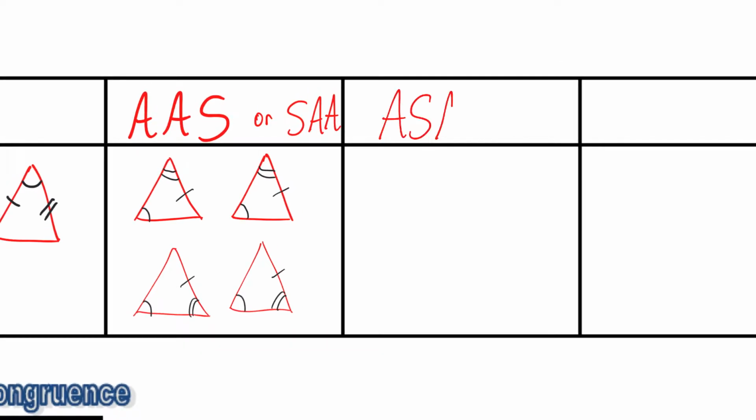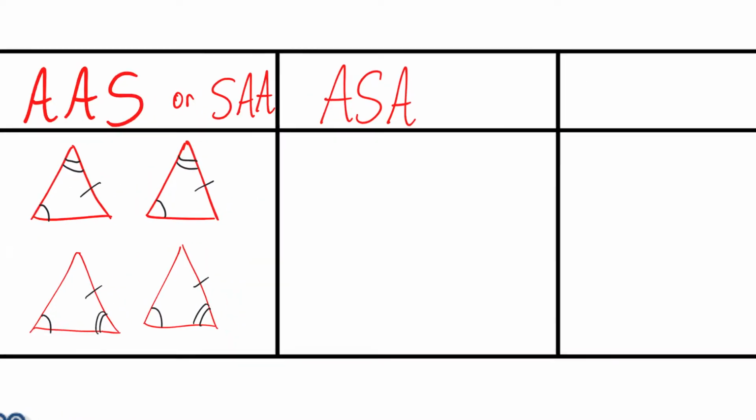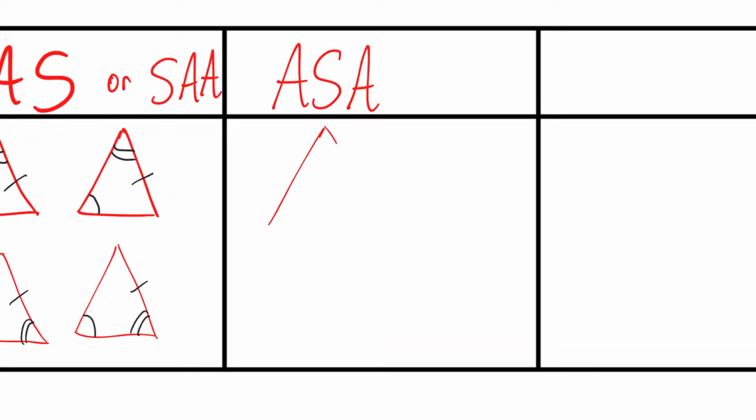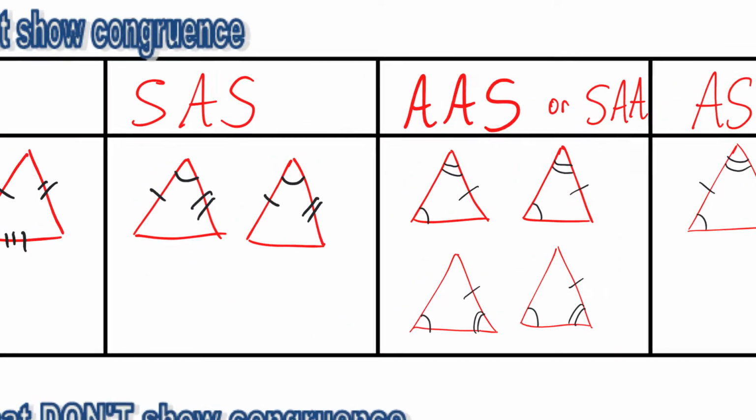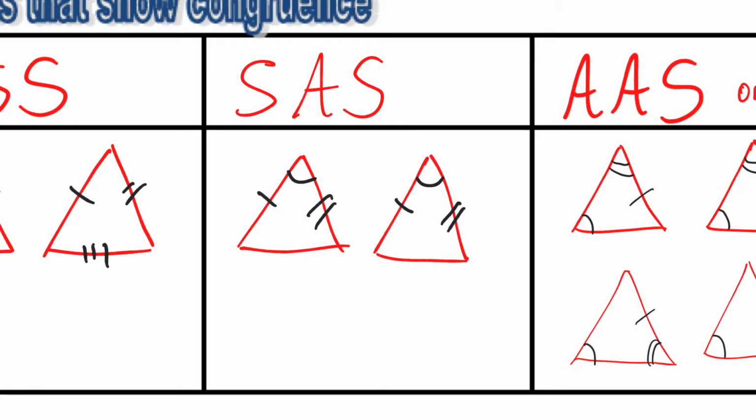Okay, next one is ASA, angle, side, angle. So it's like this. If this angle is congruent to this angle, this side congruent to this side, and then this angle congruent to this angle. So angle, side, angle is kind of like what we did on our warm-up a second ago and what we talked about last week.